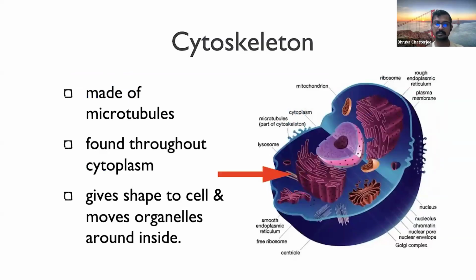The cytoskeleton is also an important cellular component, but it is also membraneless, and it's often not referred to as an organelle, but is an important component of the cell.